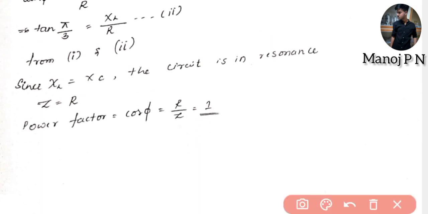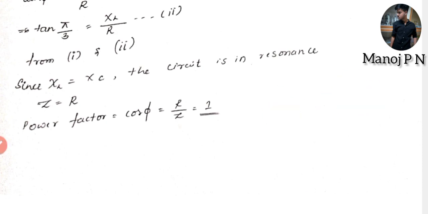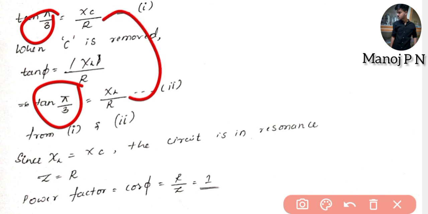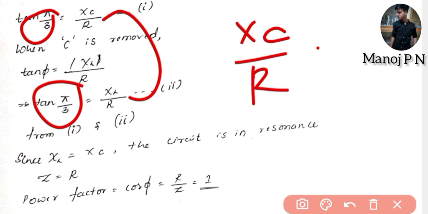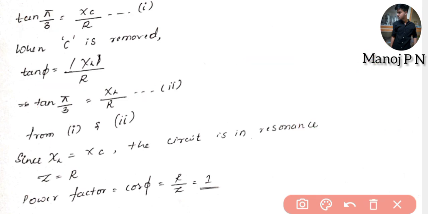Since LHS equals RHS, we can equate these two things, that is XC divided by R is equal to XL divided by R. R cancels and we are left with XC equal to XL. So this is the resonance case.